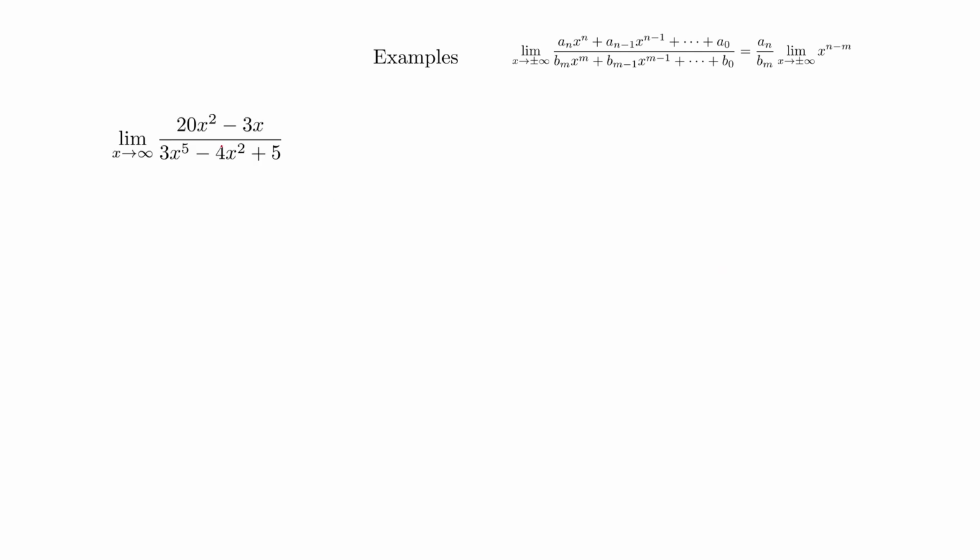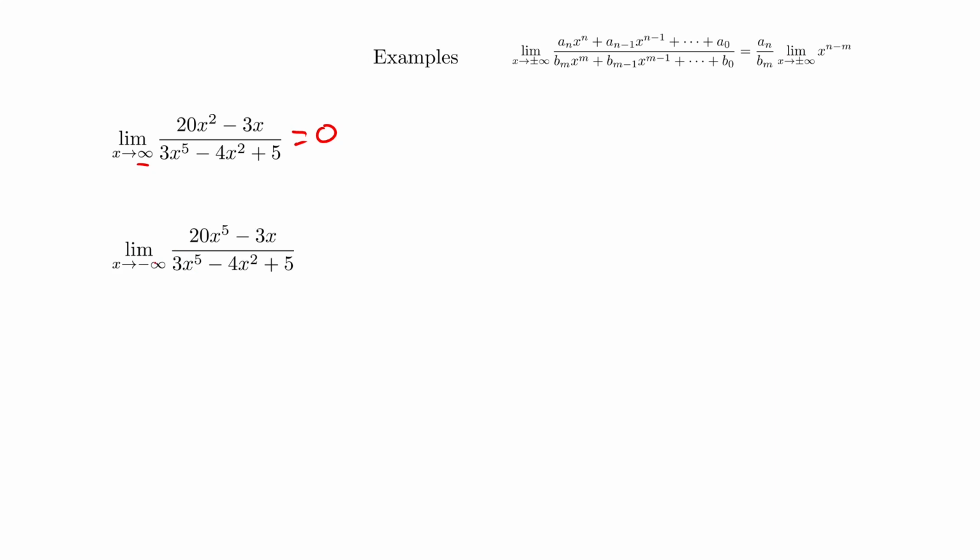Okay. So in this first example here, we're taking the limit as x approaches infinity of 20x squared over 3x to the fifth. We can just immediately determine, since the degree of the denominator is larger than the degree of the numerator, that this is going to be 0. Again, we can use this formula, but in this particular example, it really doesn't matter.